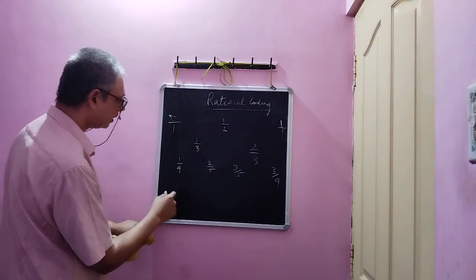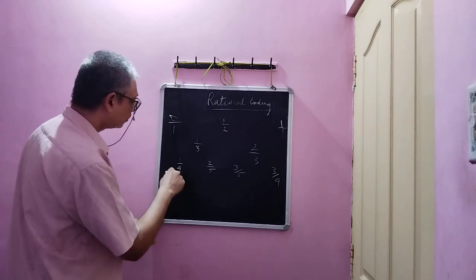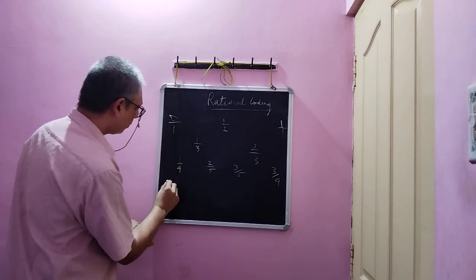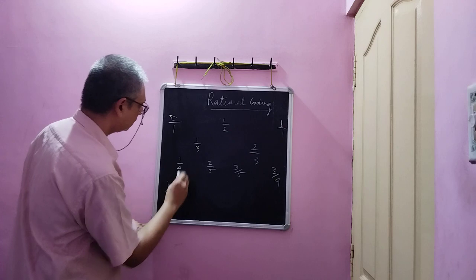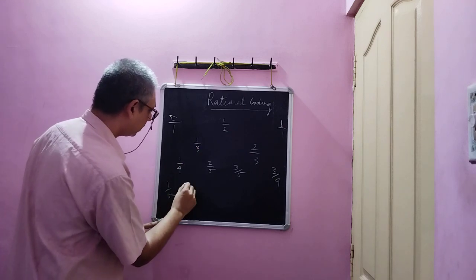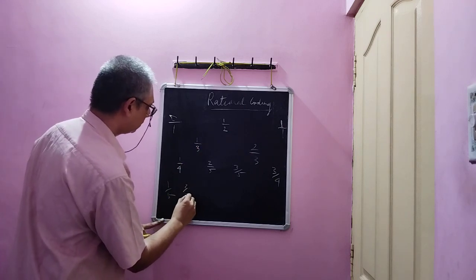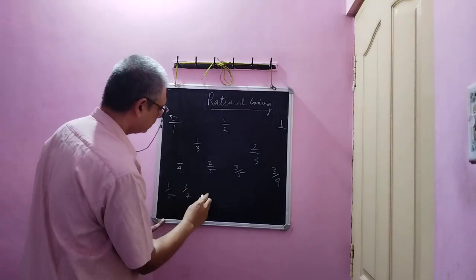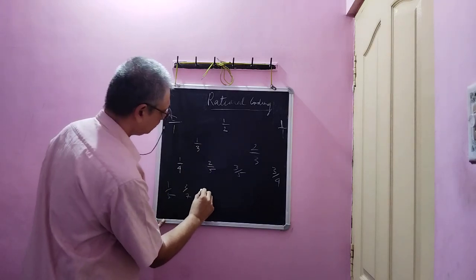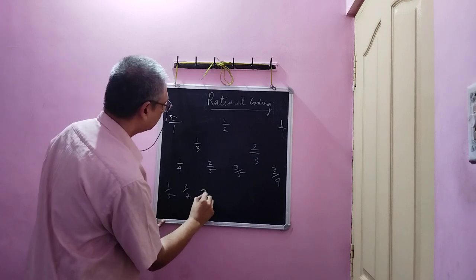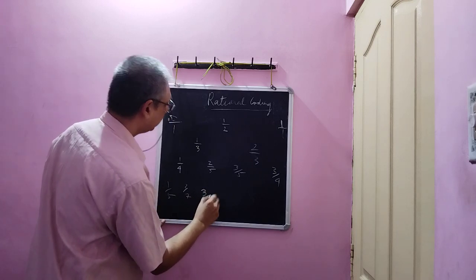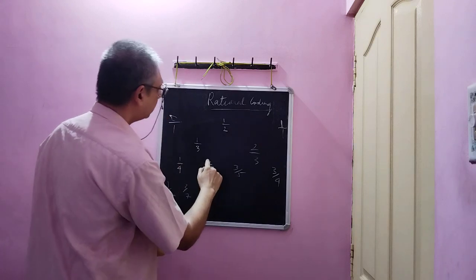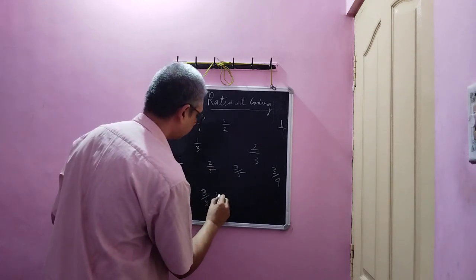So next level, again, it may not fit in this. So predecessor is this, you will have 1 by 5, 2 by 7, then you will have 3 by 8 and 3 by 7.